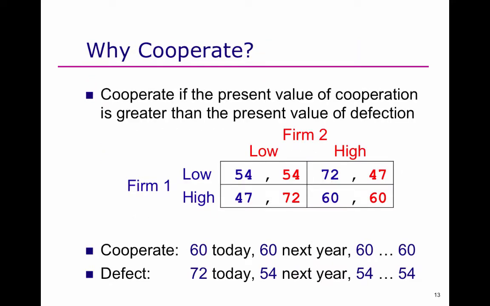Now, why would we cooperate? I have to look at the logic of cooperation. We would say that you should cooperate if the present value of cooperation is greater than the present value of defection. So under cooperation, the lower right-hand part of this matrix, firm 1 and firm 2 start off the game cooperating. $120 million in, let's say, profits split evenly between the two firms.